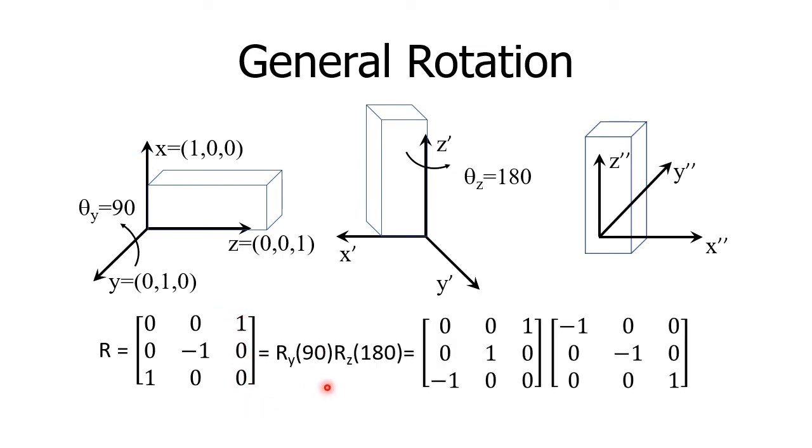And you can also get the results by using the rotation matrix that I mentioned to you before. So the first one is rotation on Y by 90 degrees. And the second one is rotation about Z by 180 degrees.